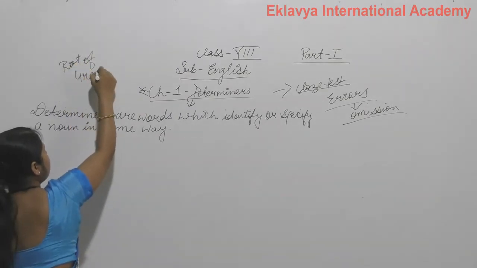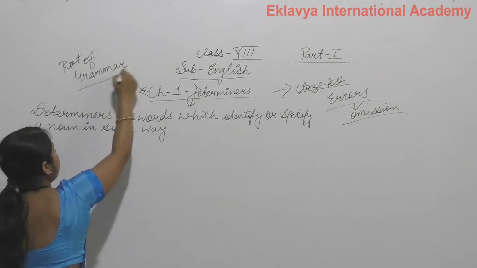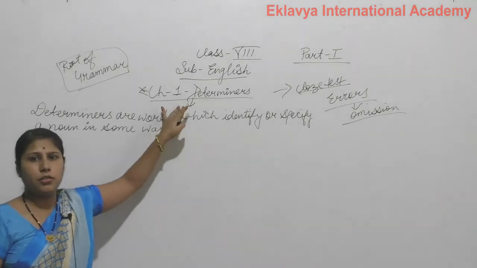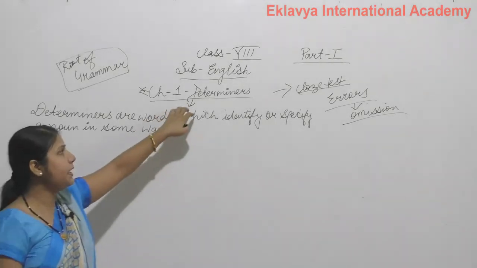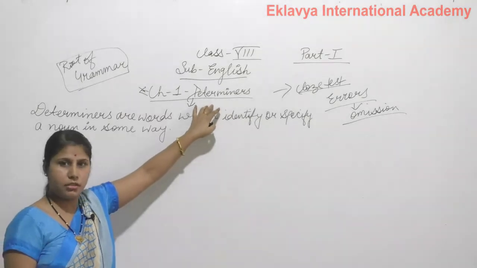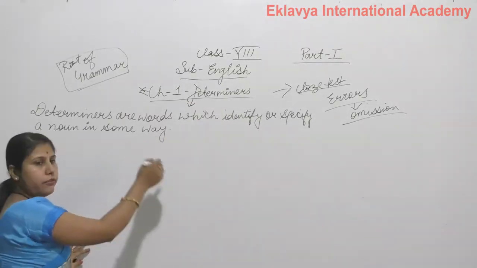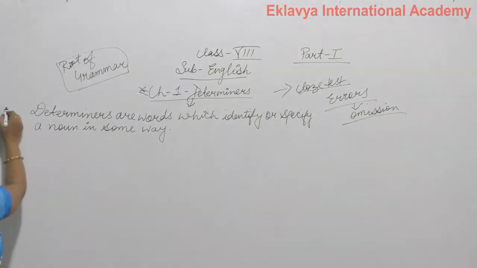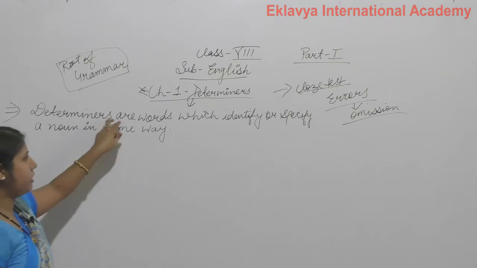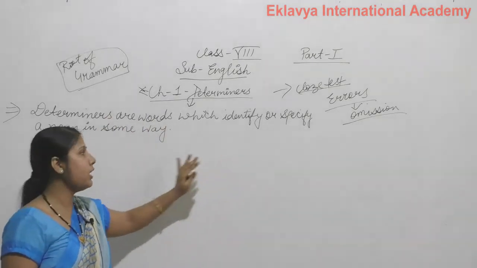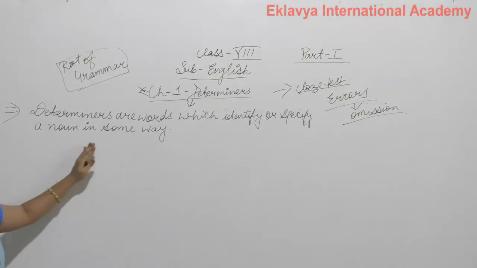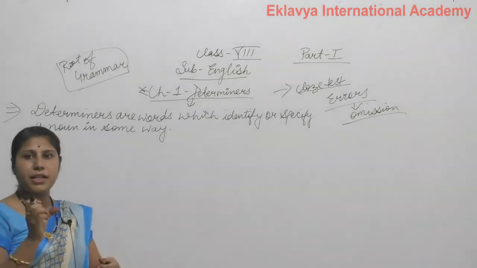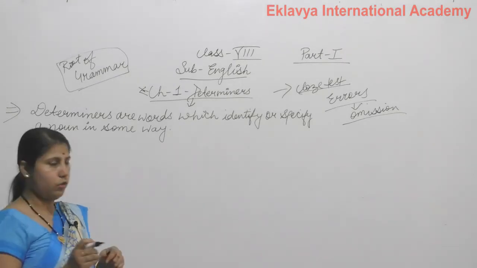We can call determiners the root of grammar. Most probably complete grammar depends on the determiners, because this chapter covers all things. So the definition is: determiners are words which identify or specify a noun in some way. It means determiners specify or identify a noun.